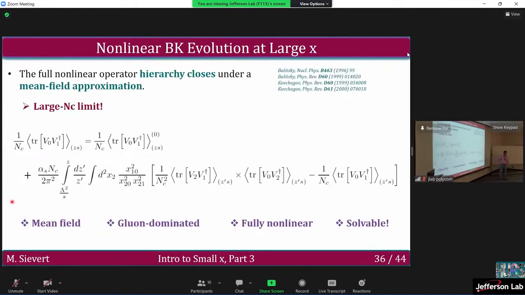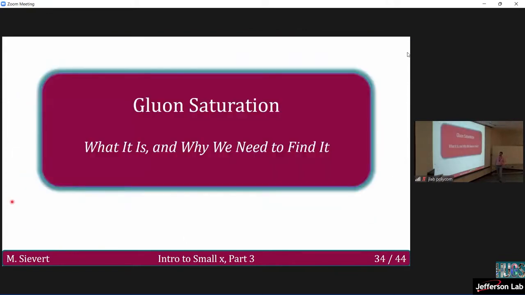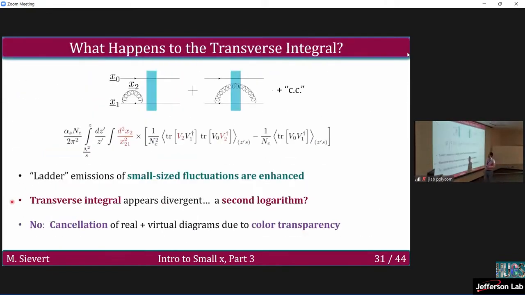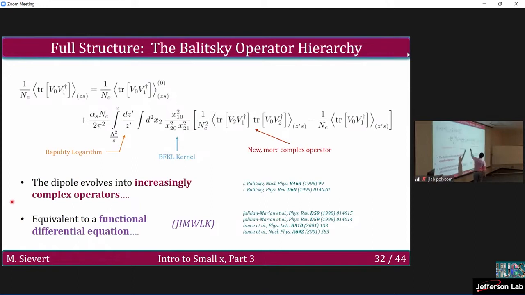This is actually already present in those nonlinear evolution equations. The full terrible version of the Boltzmann hierarchy here is basically unsolvable as written. The other limit that one can take is a mean field approximation. If I could somehow take those angle brackets and split it up to get this matrix element times that matrix element, then I'm happy. It's a nonlinear equation, but it only depends on dipoles and I can still solve it.